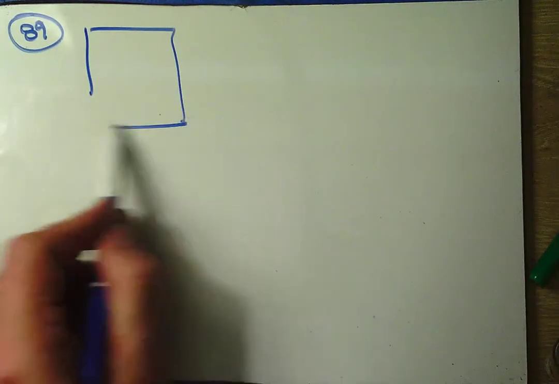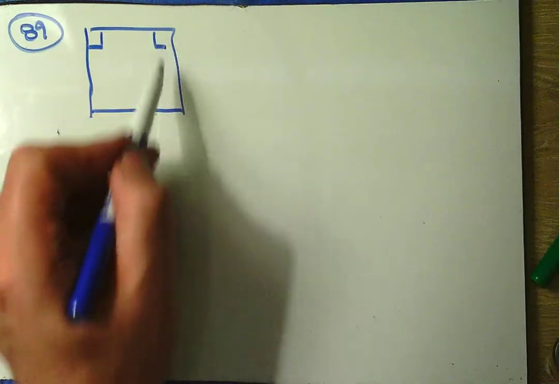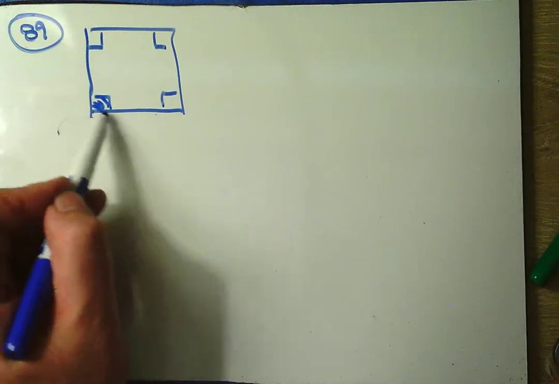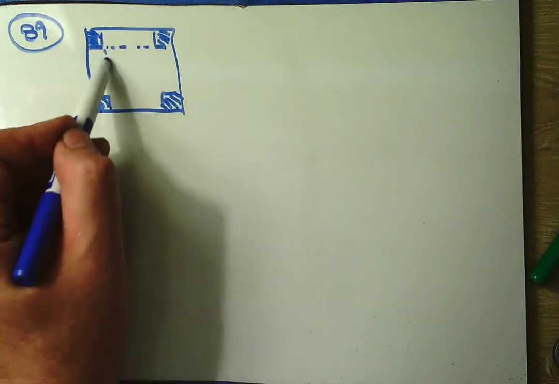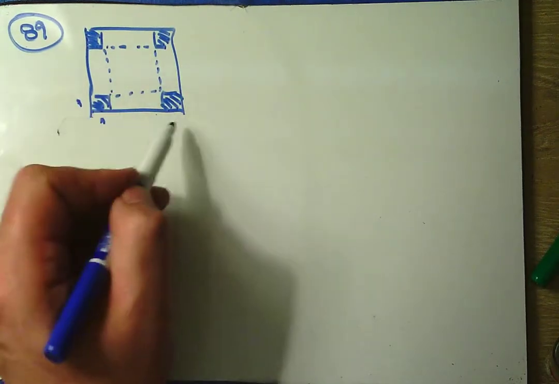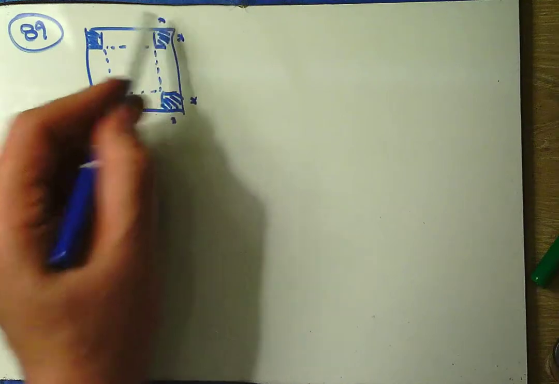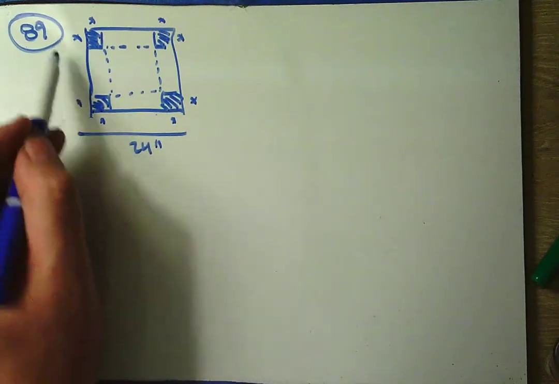Okay, so in this situation, in problem 89, they show us using a square piece of material, 24 inches on a side, and we're going to cut out these corners like I did in class and fold along the dotted lines. We know that each of these is x by x, and we know that the whole side is 24 inches in each direction.